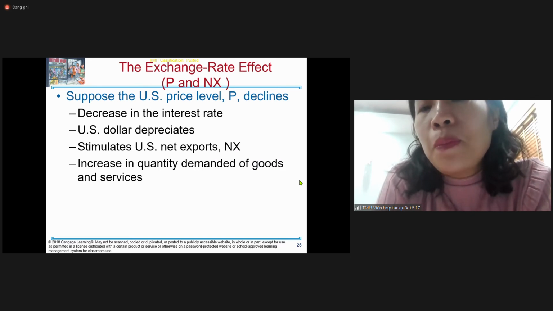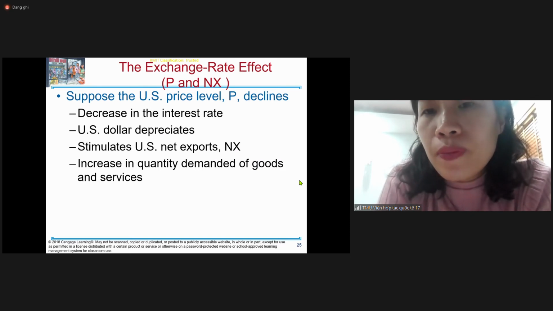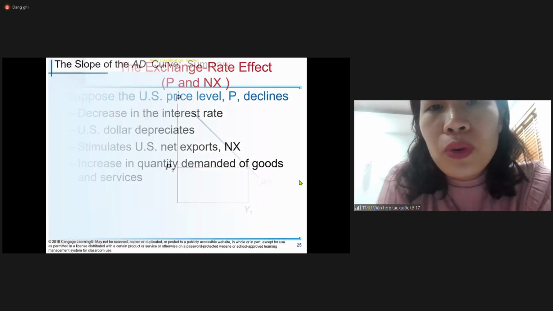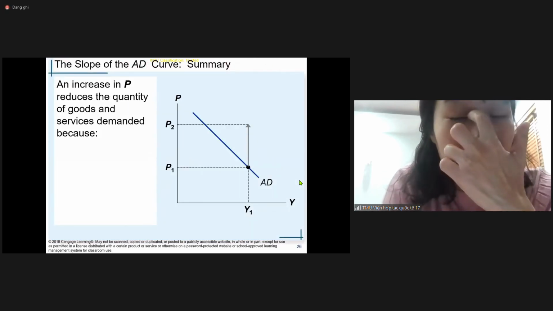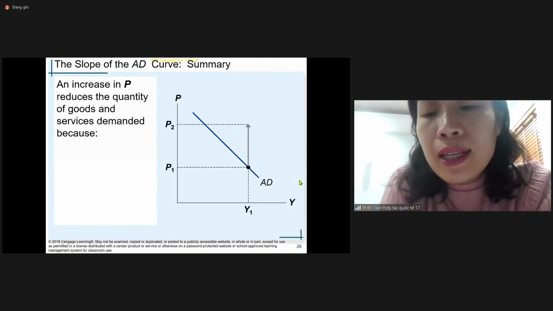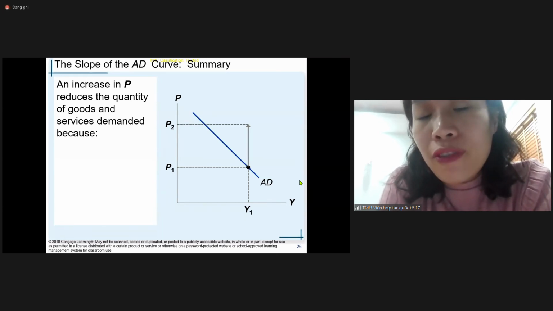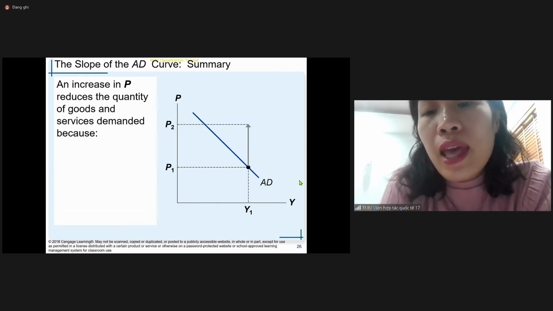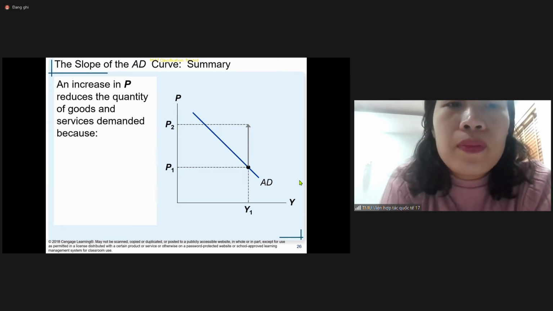So we see that if P decrease or price decrease, we see AD, or aggregate demand, increase. Okay, so therefore the relationship between P, or price, and AD is negative, which means if P decrease, then AD will increase, and vice versa. If P increase, then AD will decrease.